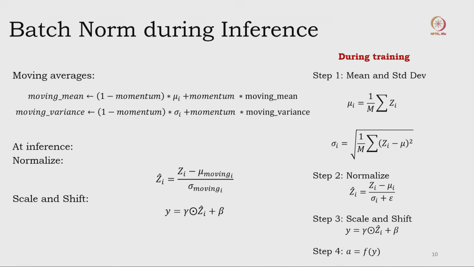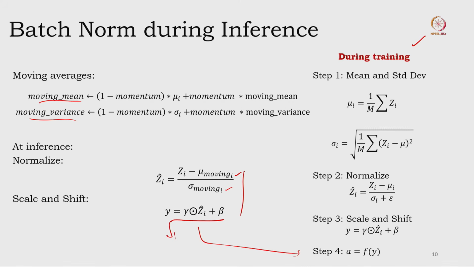So, this is what happens during the training part, and this is what happens during testing. At inference also we have to normalize, right? We will normalize with the help of the moving mean and the moving variance. Then you will scale the values, and the scaled value is then passed to an activation function.